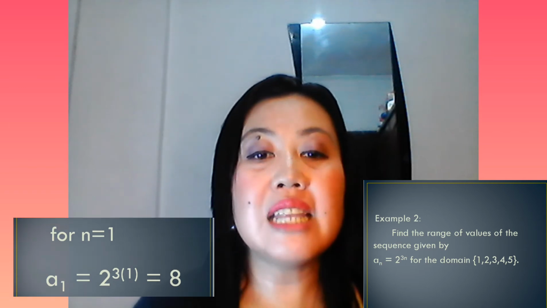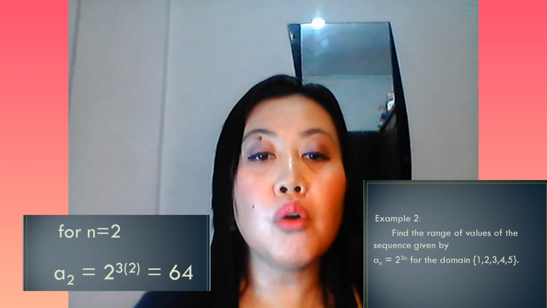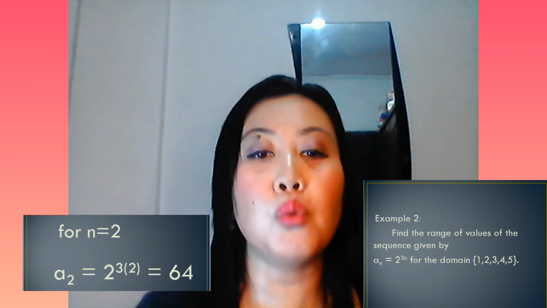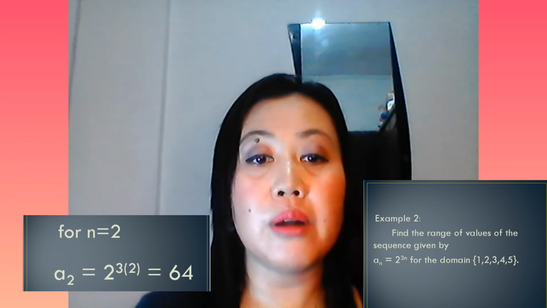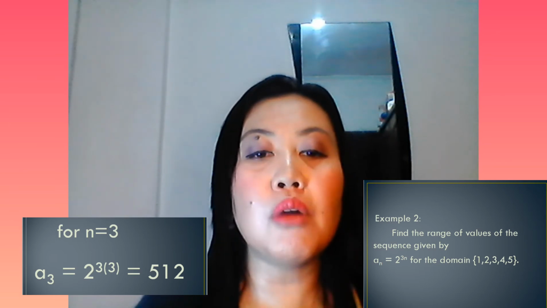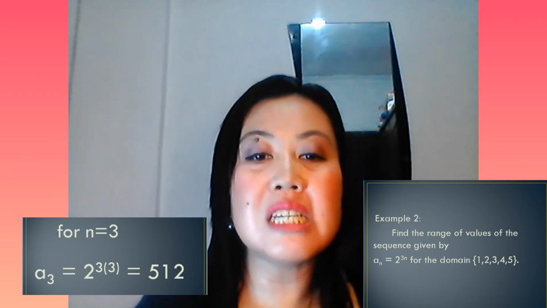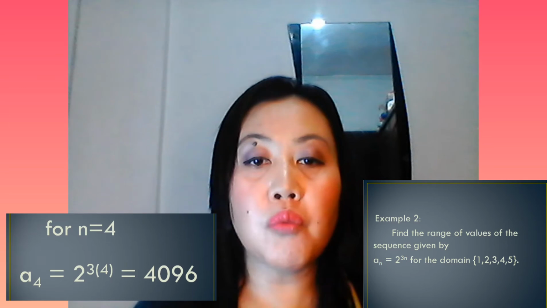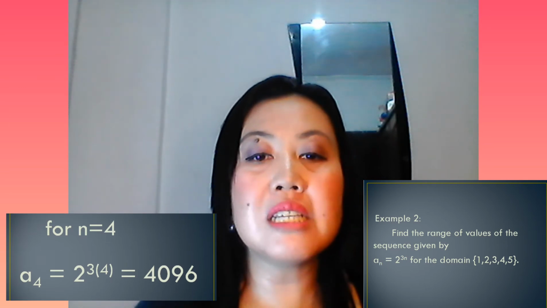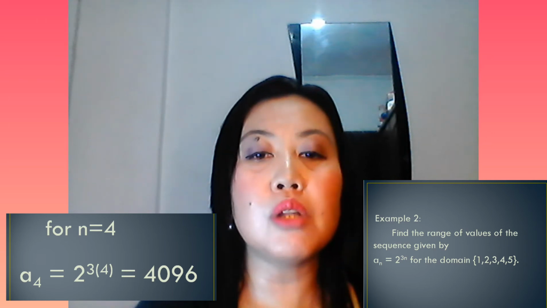For n equals 2, a sub 2 is equal to 2 raised to 3 times 2, which is equal to 64. For n equals 3, a sub 3 is equal to 2 raised to 3 times 3, which is equal to 512. For n equals 4, a sub 4 is equal to 2 raised to 3 times 4, which is equal to 4096.